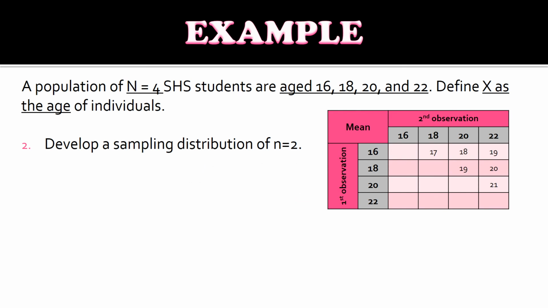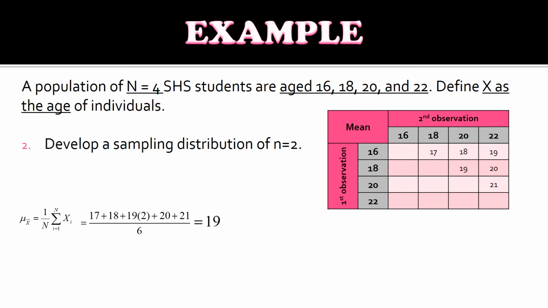Okay, so we just copy the table and then we can solve again for the mean. Same formula, and then we just substitute the values. So 17 plus 18 plus 19 times 2 plus 20 plus 21 divided by 6, and it would have the same answer for the mean with or without replacement.